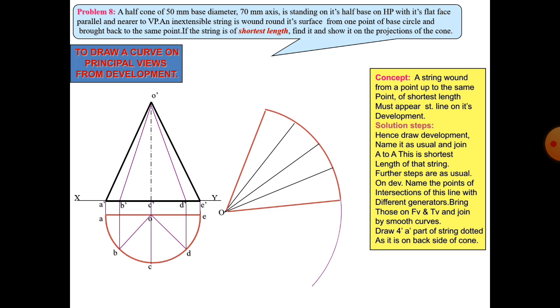In that problem, draw the development as a half circle only. Firstly calculate theta by R by L into 360 formula, where R is the radius, L is the slant edge, and 360 is the angle. In this way, the problem is completed.